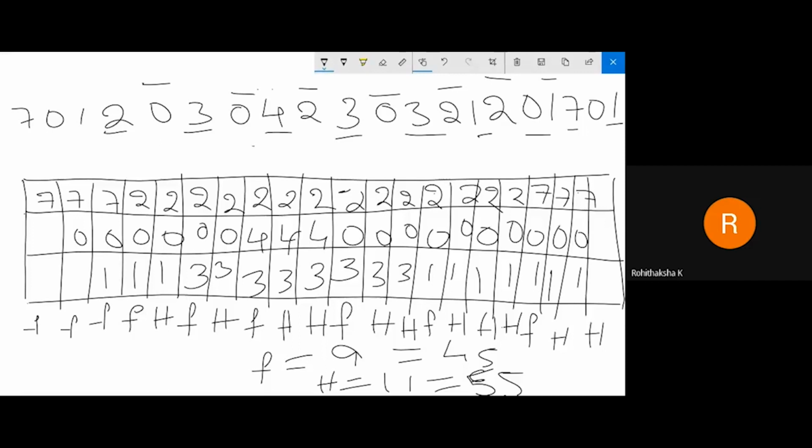What is the disadvantage? See here, we are going to predict which is the page that will not be used for the longest period of time. Yes or no? The operating system is going to predict which is the page that is not used for the longest period of time. But we cannot always predict which page that is. See here in this case, I have a reference string. I can just predict that 7 is occurring after so many iterations, or 3 is occurring after so many iterations.